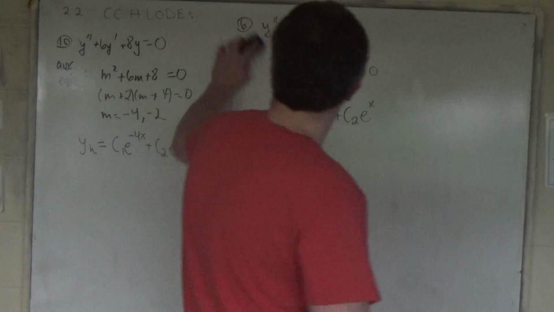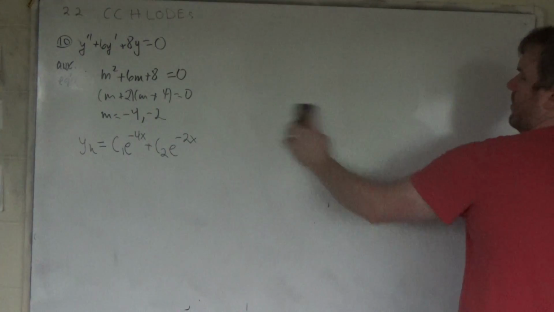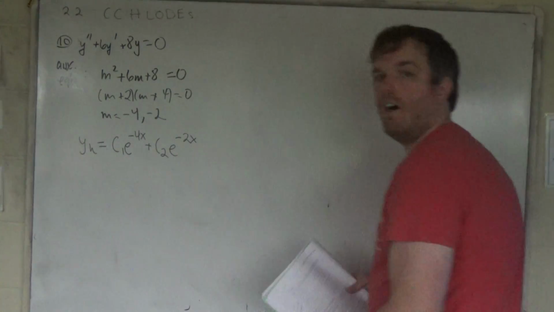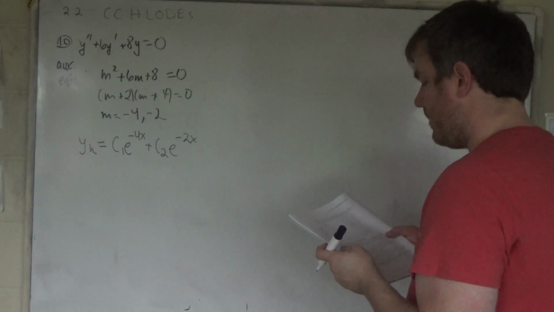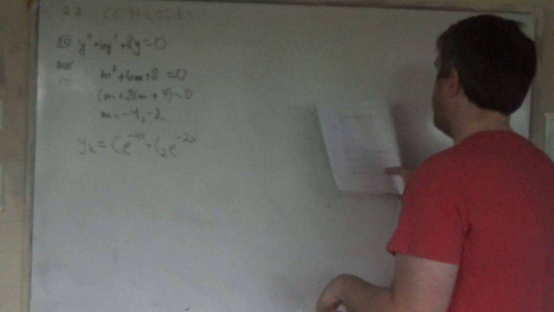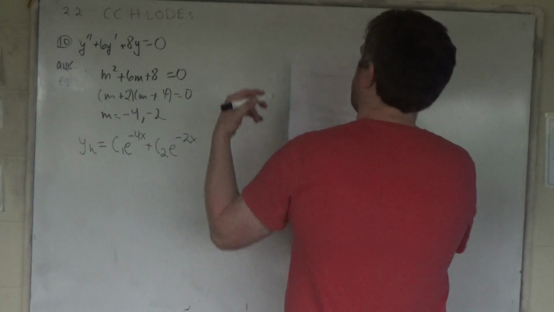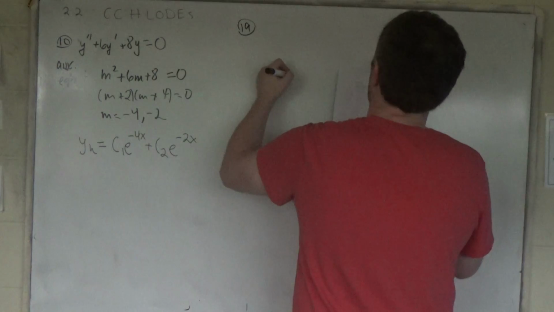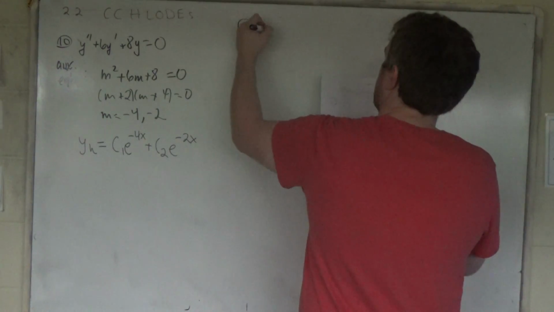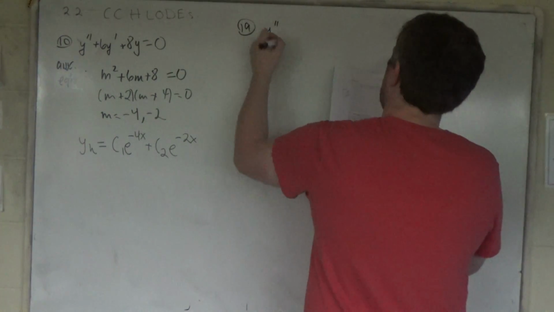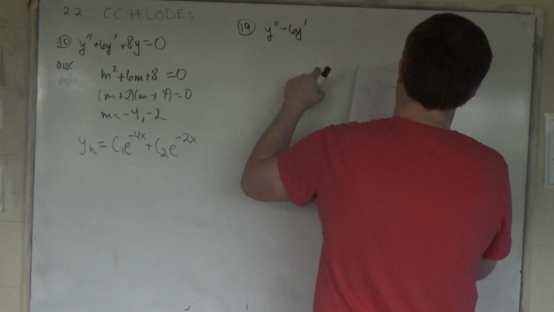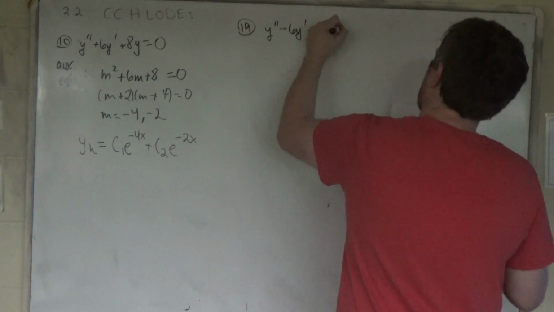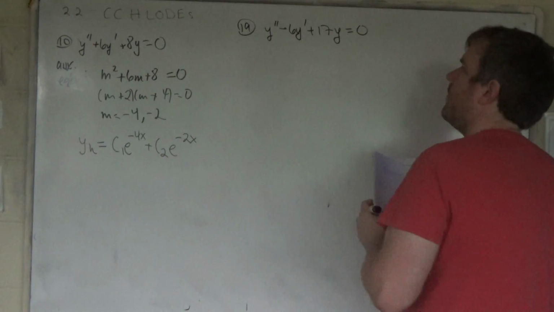Is it the case that they're always going to factor nicely? Probably not. But let's see if I can pick one out that doesn't. How about number 19, just picking one at random? y double prime minus 6y prime plus 17y equals 0.